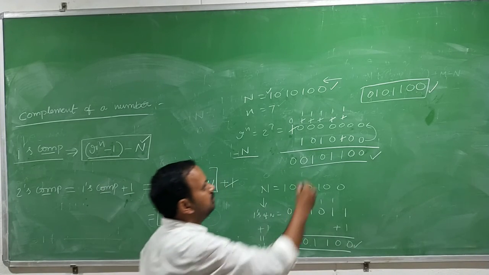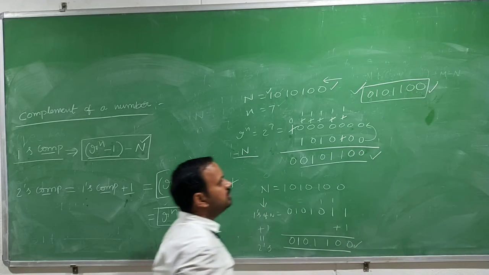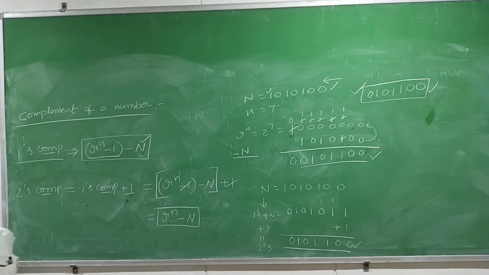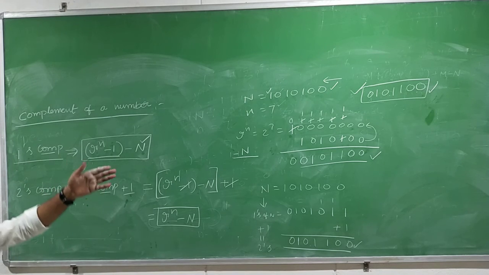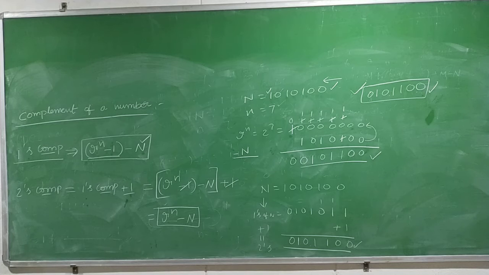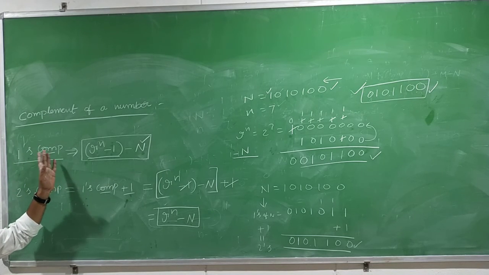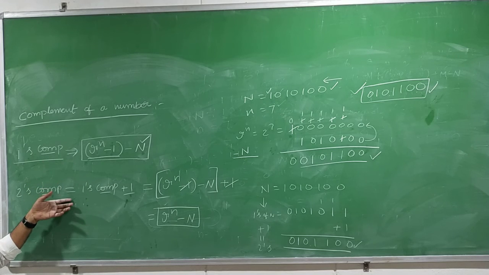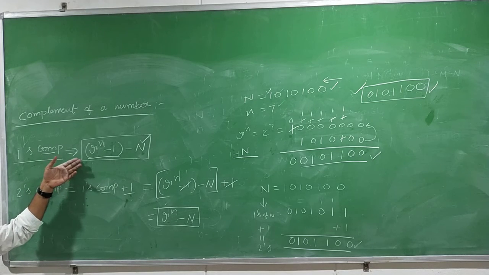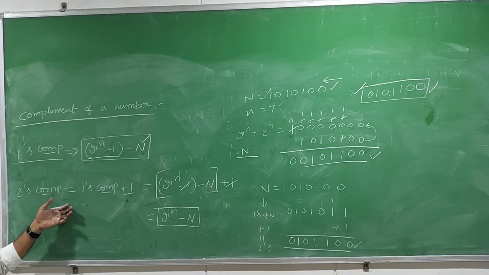But this method you need to practice more, so that in later sections, where we always need to perform 2's complement, you can immediately do it using the shortcut method. The same methods we follow in the decimal number system, 10's complement and 9's complement, in octal 8's complement and 7's complement, and in hexadecimal 16's complement and 15's complement.